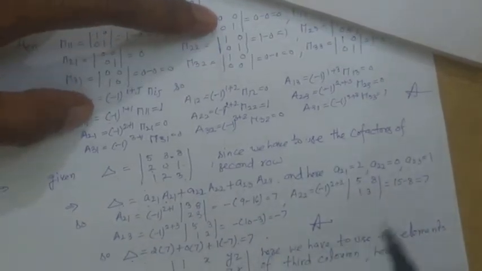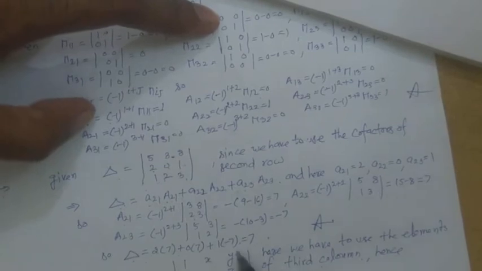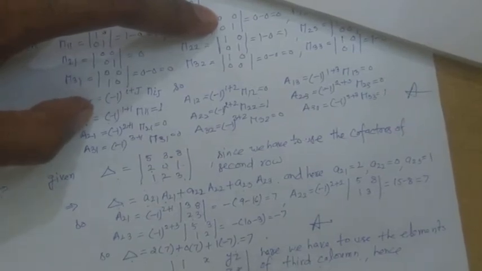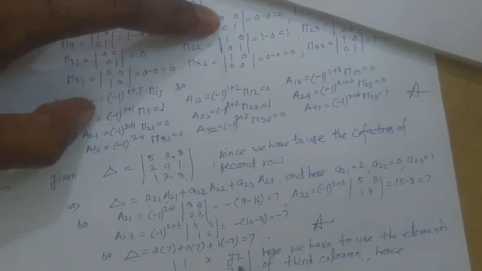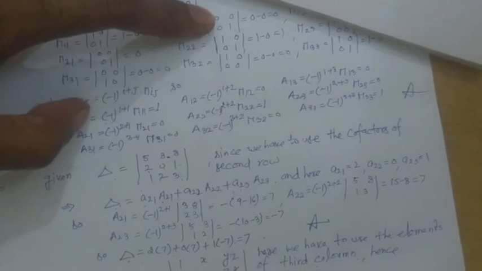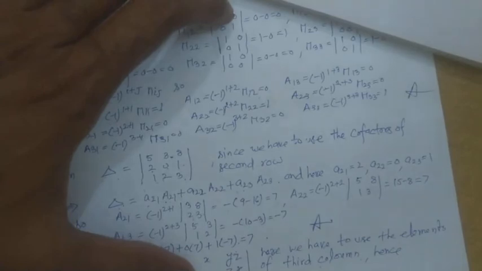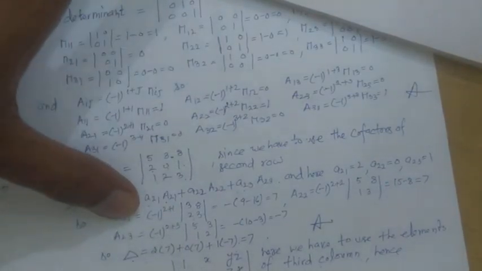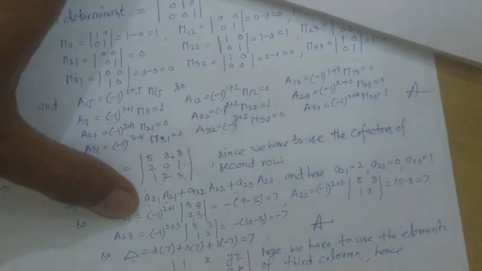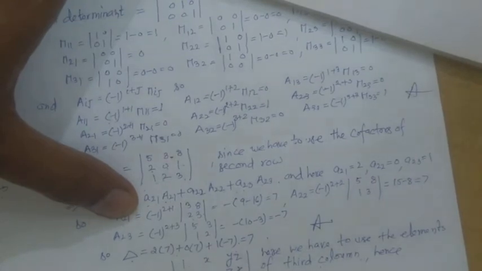In the fourth question, we have to use the elements of the third column. The third column is A13, A23, A33. The determinant is equal to A13 times cofactor A13, plus A23 times cofactor A23, plus A33 times cofactor A33.